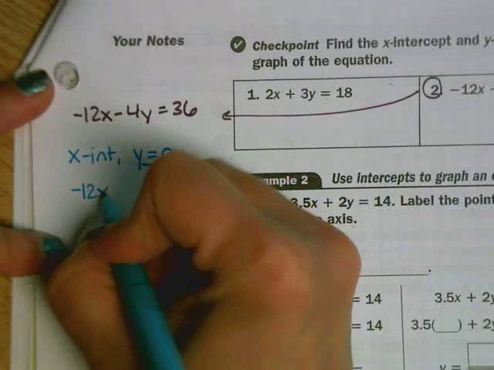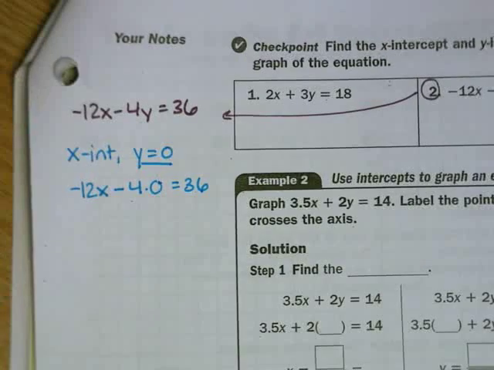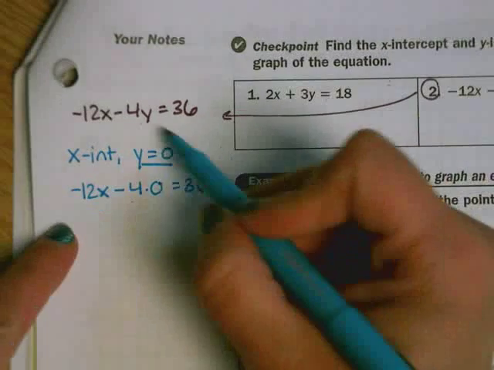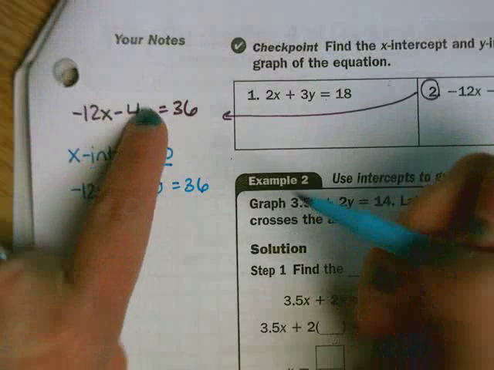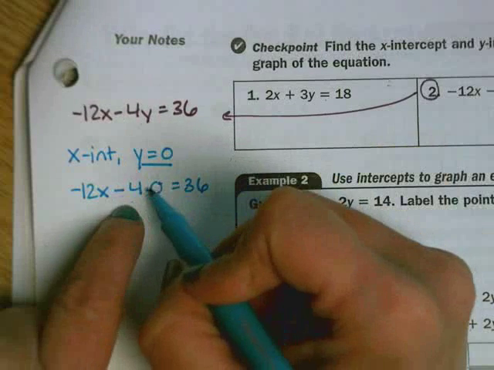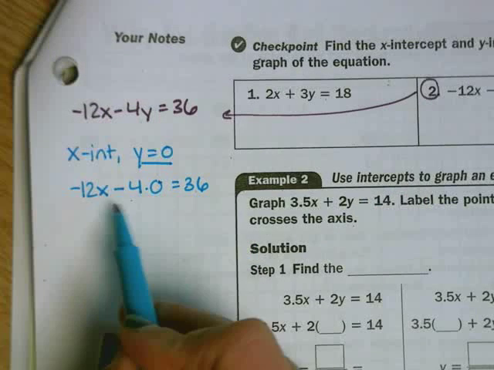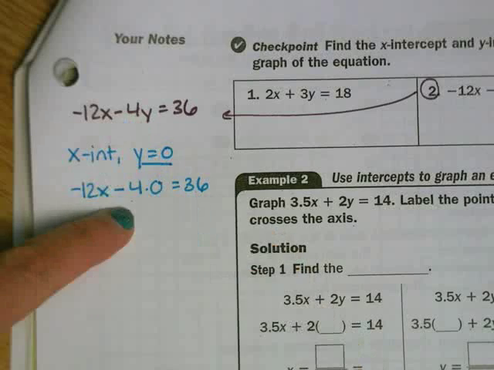Negative 12x minus 4 times 0 equals 36. Now you're going to start to see that essentially once you plug in 0, it's going to get rid of a whole term. Really, we're getting rid of all of this because the 4 times 0 was just 0. So you don't have to show this plug-in step right here if you realize that it just gets rid of this whole thing.